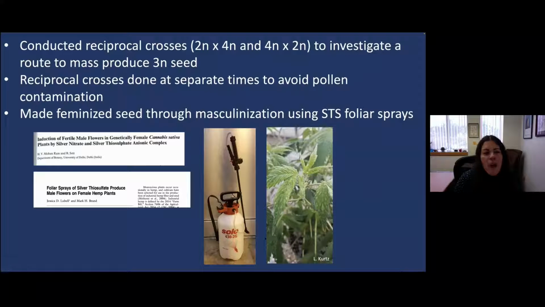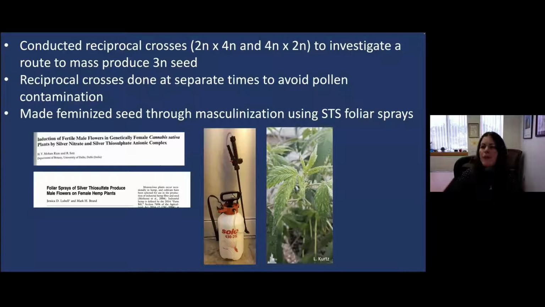So after that, we wanted to conduct what's called reciprocal crosses, where you have the diploid as the mother with tetraploid pollen, and the reciprocal using a tetraploid mother and diploid pollen, to investigate if one direction or the other is better for large quantity production of triploid seed, like for sale.